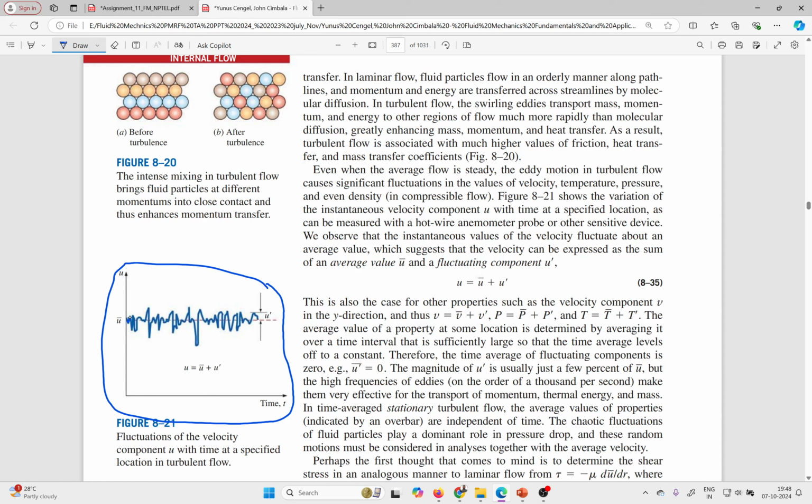Suppose this is an open channel and water is flowing, and you are measuring velocity at a particular point with respect to time. If the average velocity is 1 meter per second, at that point the velocity may be 1 meter per second, and after a few seconds maybe 1.2, maybe 0.8. So turbulent flow means fluctuating velocity; when we measure it, it looks like that. In laminar flow, it is only smooth flow, the velocity will be the same, there is no variation in the flow velocity at a particular point with respect to time.